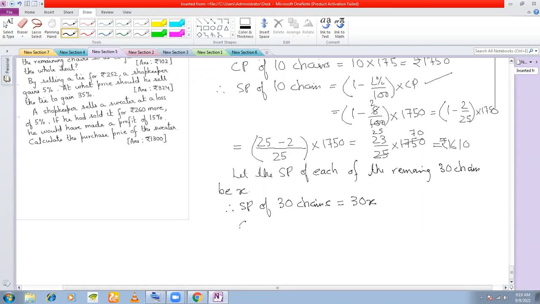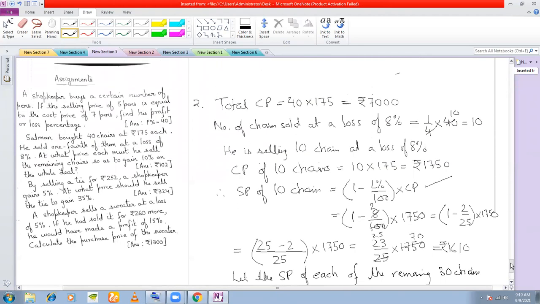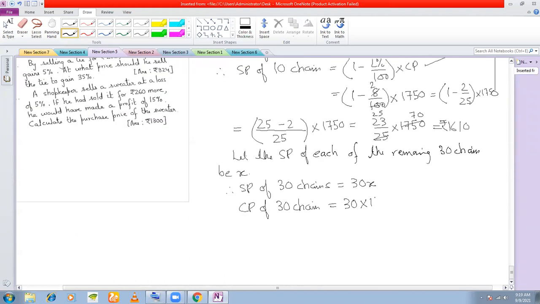And what is the cost price of 30 shares? For how much is he buying? He is buying at 175 per share.